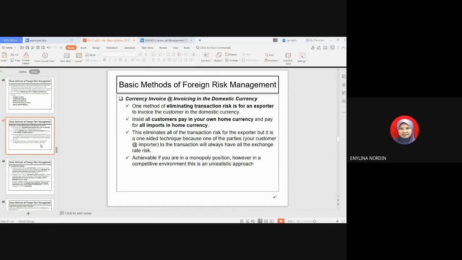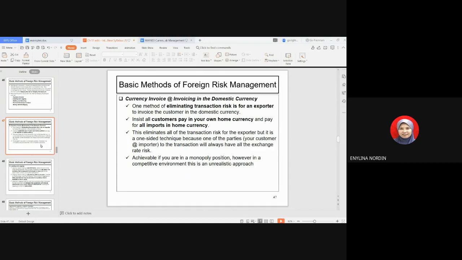As a result, the transaction risk will be borne by the foreign supplier, and also by the foreign customer if it's an export transaction. However, the company must be aware of the consequences of using this strategy, by transferring the transaction risk to another party.